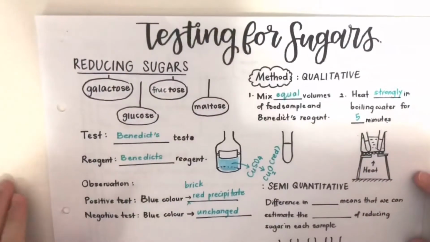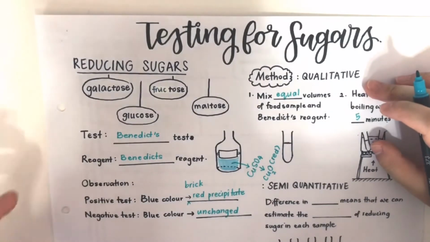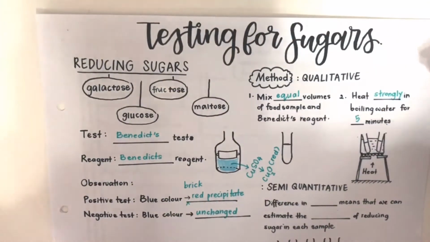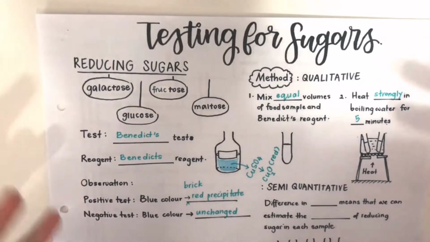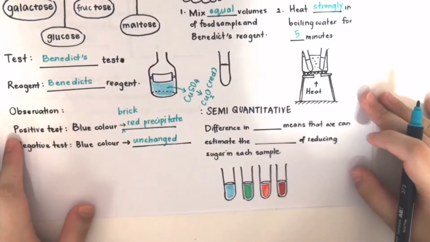So the method that we just discussed is a qualitative method, which means that it just tells us that reducing sugars are present. However, if we want to know how much reducing sugar is present, we need a semi-quantitative method.